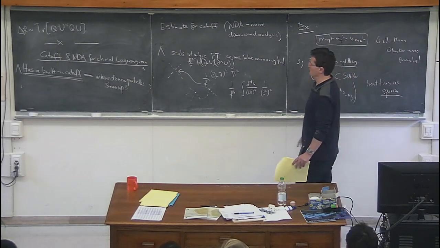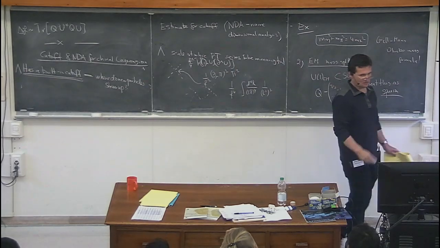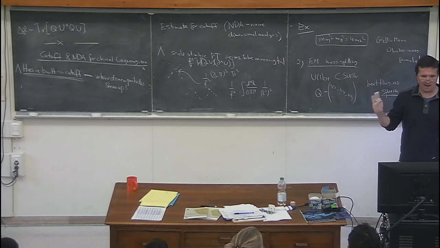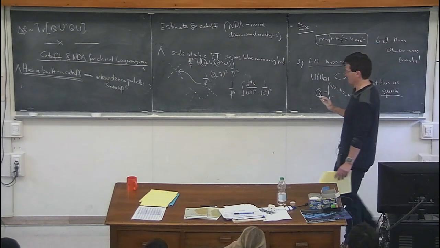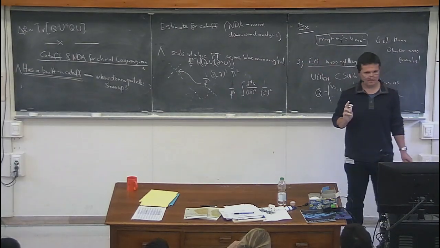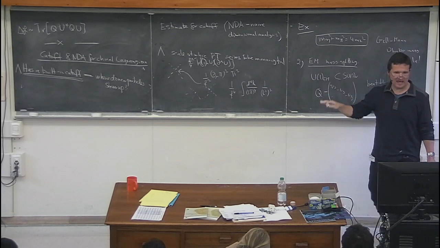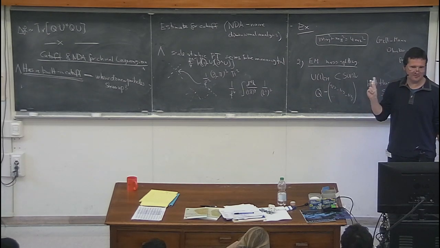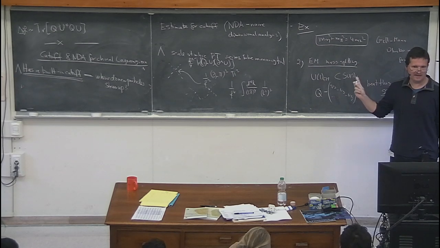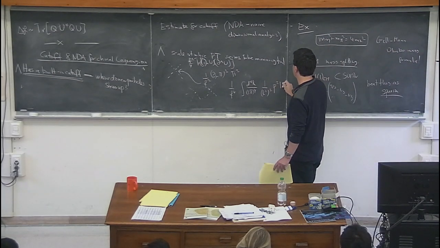But both of these terms were derivative interactions, so I would have to put in 4 powers of momenta still. Except I know that eventually I'm supposed to get a derivative interaction here. So out of the 4 powers, if you did everything correctly, 2 of them have to be converted into external momenta, and 2 of them can still be loop momenta. So there should be a p squared times k squared here.